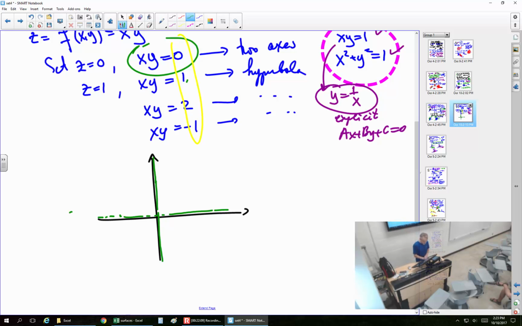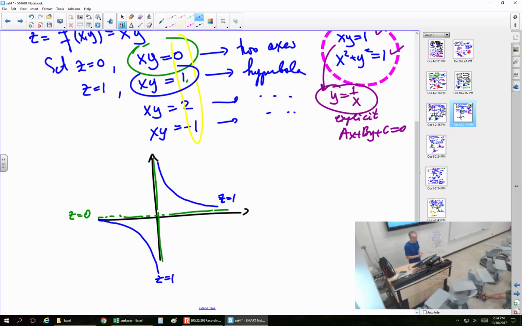So for example, z here is equal to 0. Let's do one more, and then I'm going with the next one, xy equal to 1, and so it will be 2 hyperbolas, this one and that one. So once again, it is z equal 1 and z equal 1. I'm trying to use different colors as well as the markings.